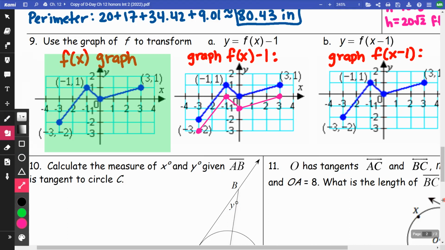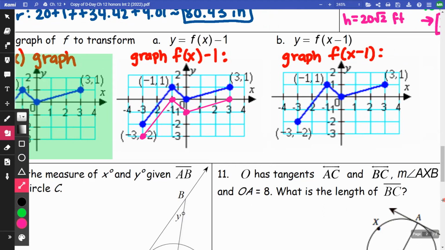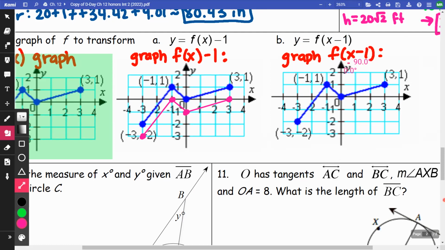On the next one, again, I have the same f of x graph here, but this time it's f of x minus 1. And so what does that x minus 1 do? Well, it's going to shift our graph. You ask yourself, what would get that to be a 0, a 1?